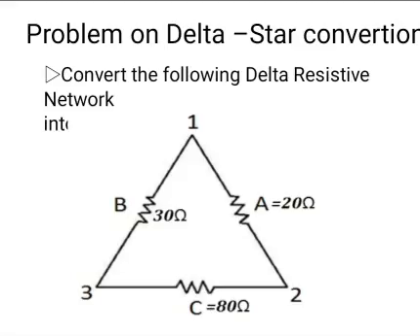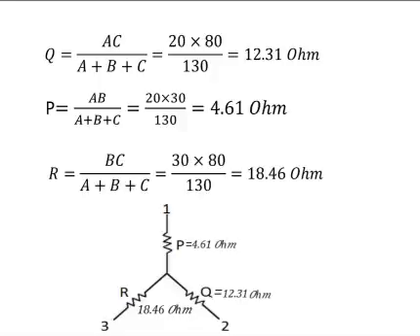Problem on delta to star conversion. Convert the following delta resistor network into an equivalent star network. This is the given network.